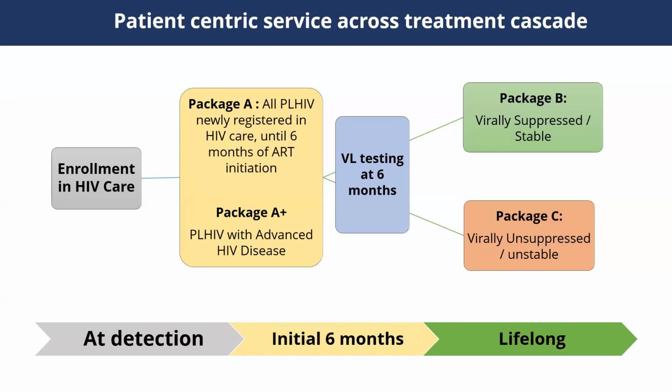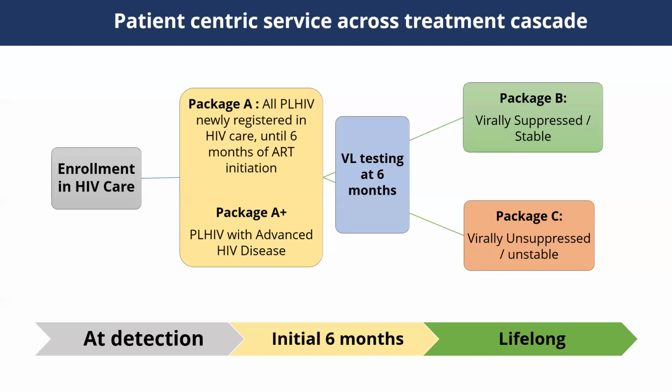If you start analyzing your own center data, you will definitely see that the patients who are lost to follow-up or dying are within the first 6 months, compared to other durations of antiretroviral therapy. So please start doing this patient-centric packages of care.